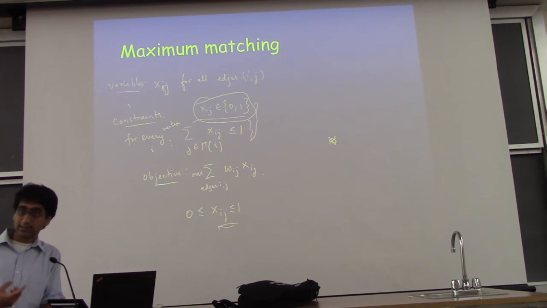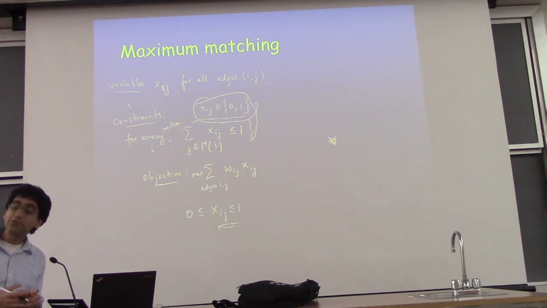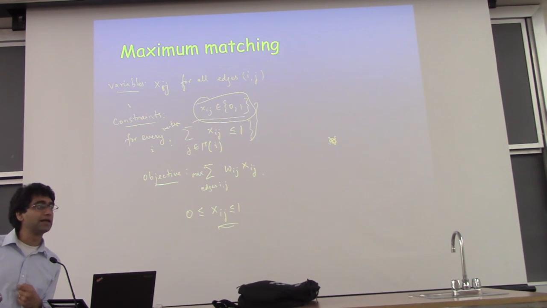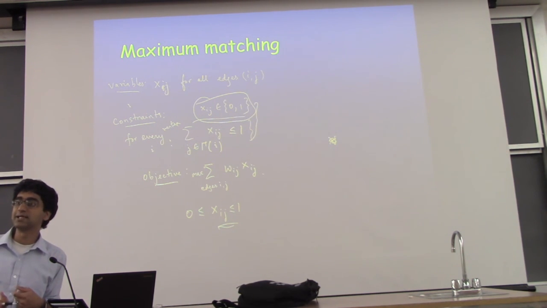Now this is a linear program. What you could ask is, suppose you solve this linear program, what's the problem, right? Suppose you want to solve the maximum matching problem, and you solve this linear program. So how could a solution to this look?